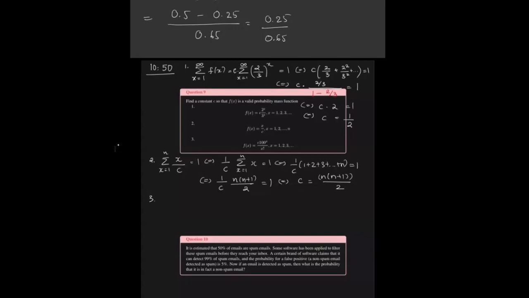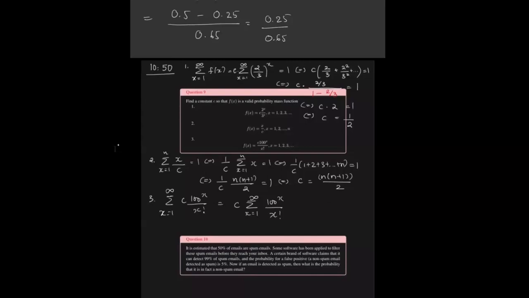For part 3, it looks very similar to what we did before. So I just write down the expression for f, with x ranging from 1 up to infinity. And if I pull c out because c is a constant, then I get this expression.